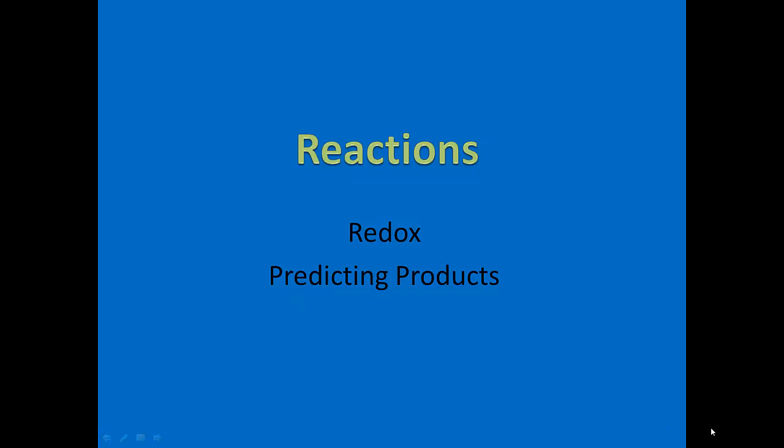Now we're going to look at some of the other ones and realize that they can go under another name also, and it's a lot more general. We'll find out that actually synthesis, decomposition, single replacement, even combustion will all fall under this redox name. So we're going to look a little bit more into what this redox really stands for.